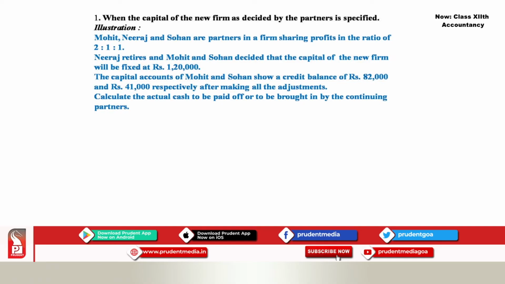When it is given, we distribute it in the new profit sharing ratio to find out the required capitals of partners. Their existing balances are already given. Mohit's capital account shows a balance of 82,000, and Sohan's capital account shows a balance of 41,000.